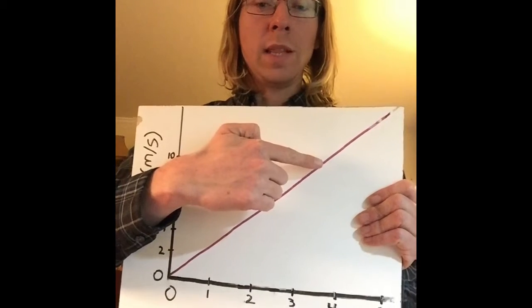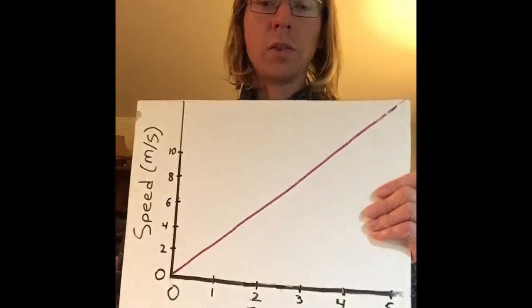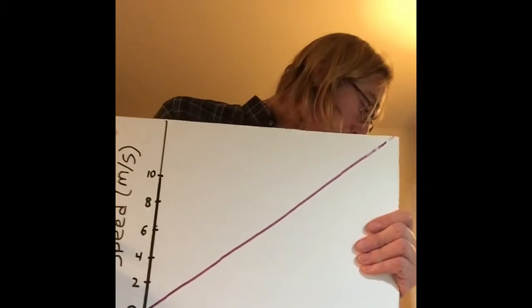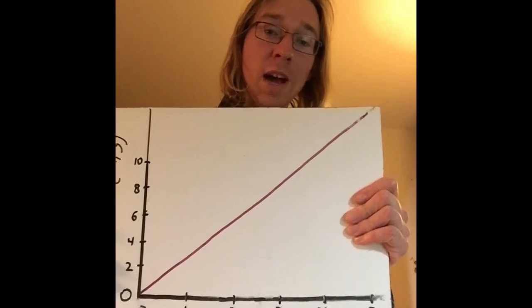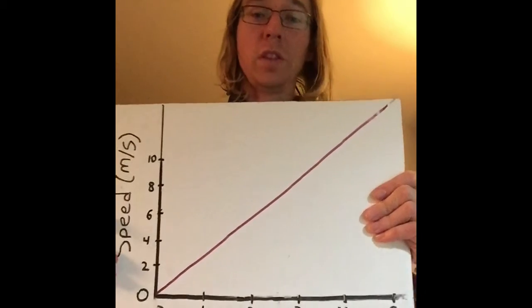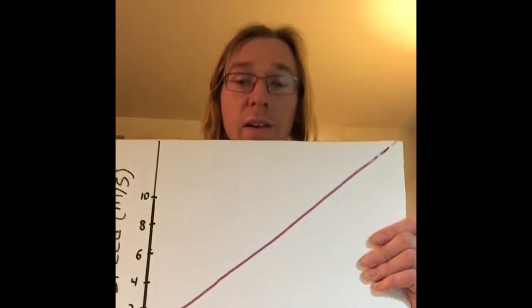And whatever point that you end up at, you will be given the acceleration. So the acceleration is the slope of the graph. That's how you find the acceleration. It's equal to the slope of the graph, the rise over the run of the graph.